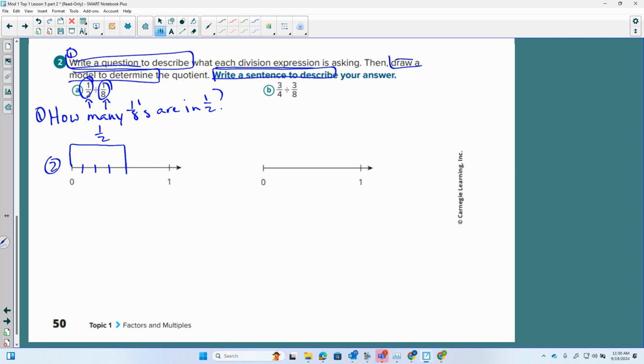And then I can say, okay, how many 1/8 were there? So it equals 4. Then write a sentence to describe my answer. There are 4 1/8 in 1/2. Make sense?